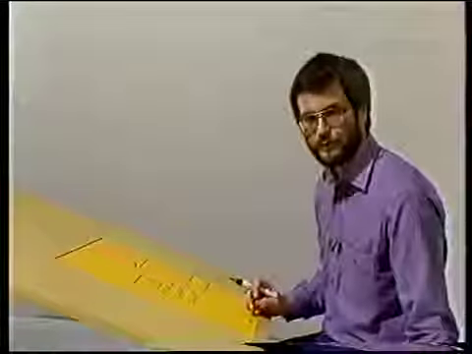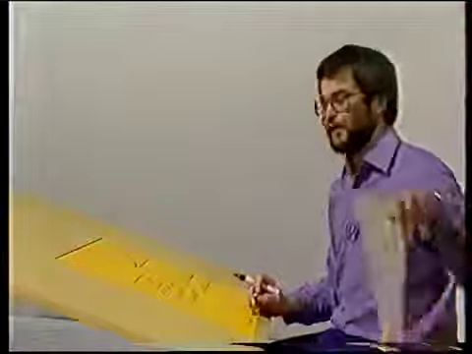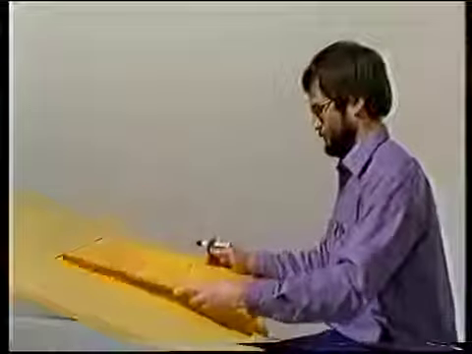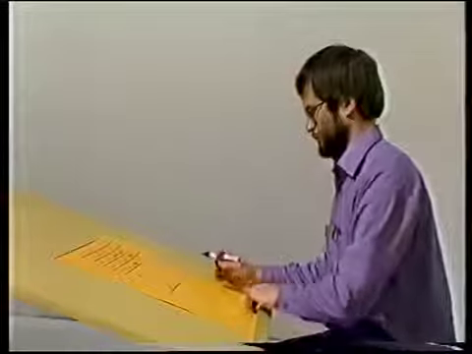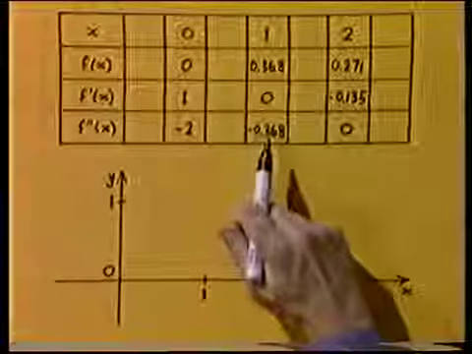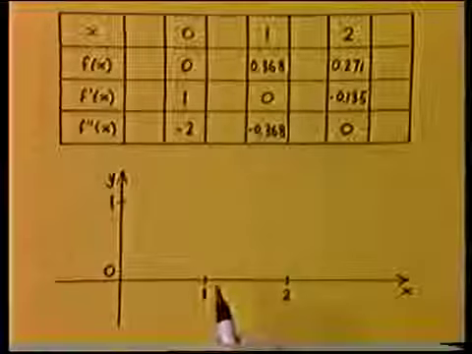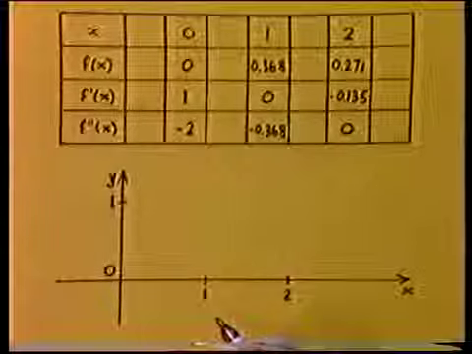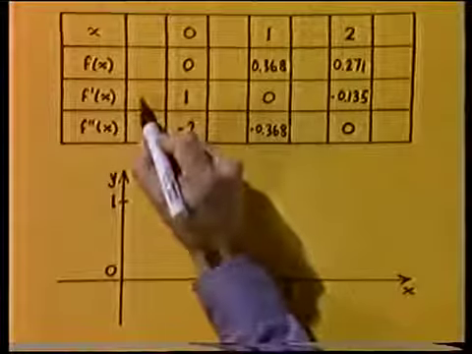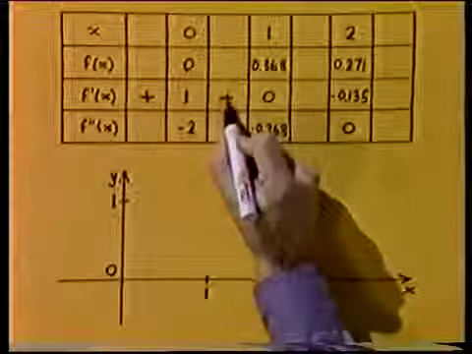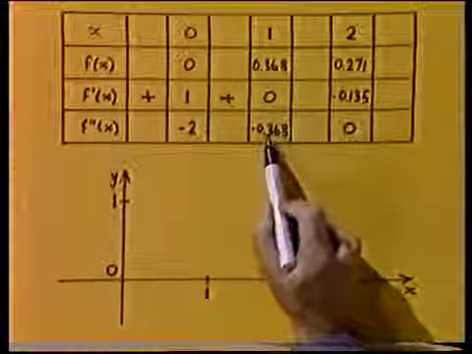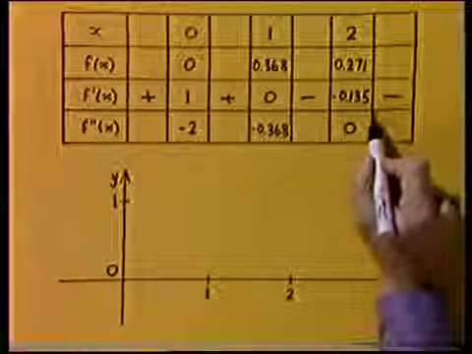Now, before the program, you filled in these bits of this table. And I can complete it using the sign diagrams. F prime is positive up to x equals 1 and negative thereafter.